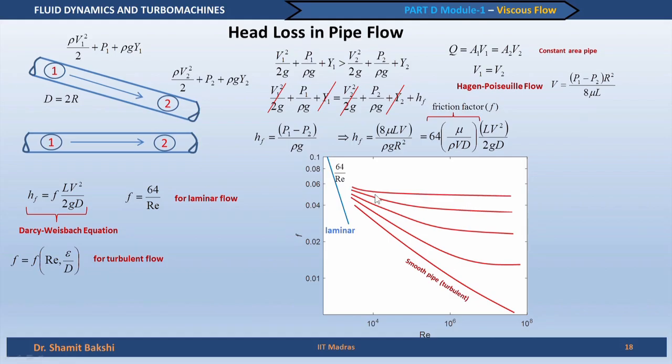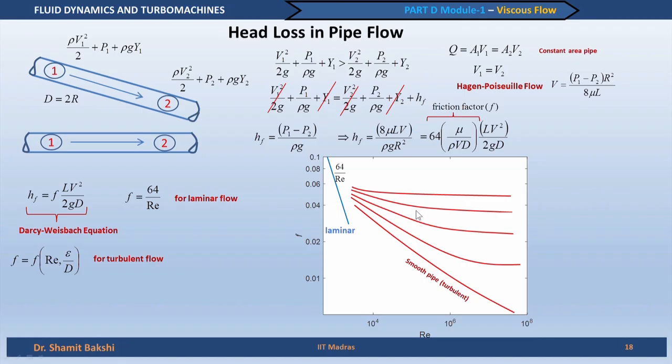If you go for higher roughness, in this case you see all throughout the entire Reynolds number region the variation is negligible with respect to Reynolds number. So, the only thing for high roughness pipes which influences the friction factor is the roughness. These are called rough pipes.